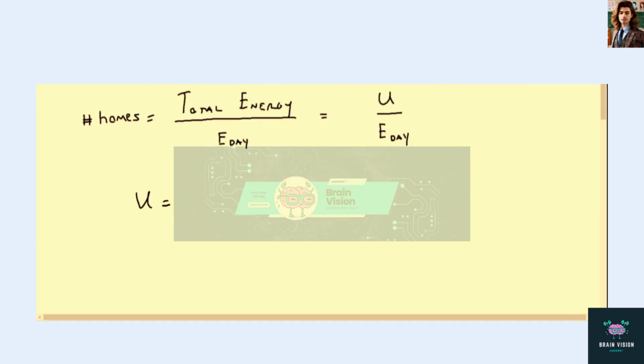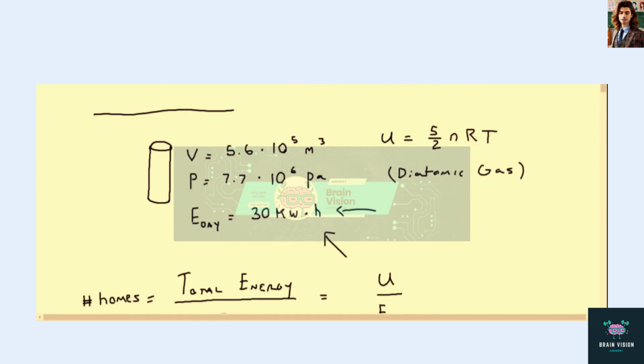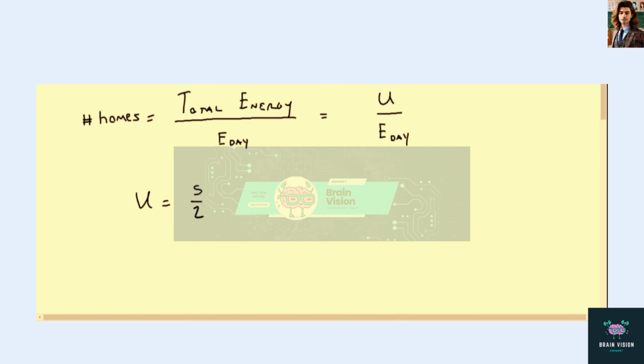So U is 5/2 nRT, where we actually don't know the number of moles we're dealing with. So we'll have to do something a little clever here. And we also don't know the temperature.